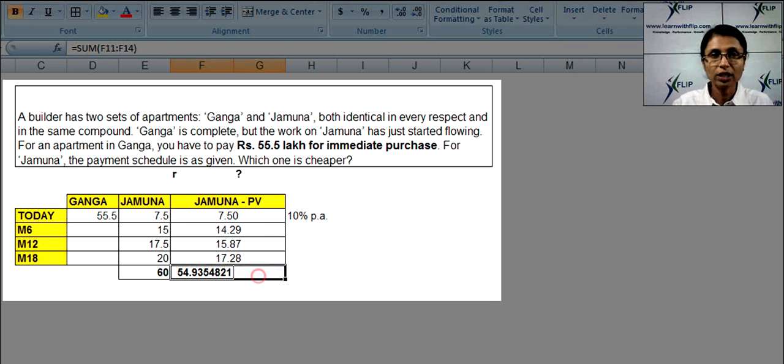And there you go. This is the present value, and let me just reduce the decimal places. So it's 54.94 lakhs.